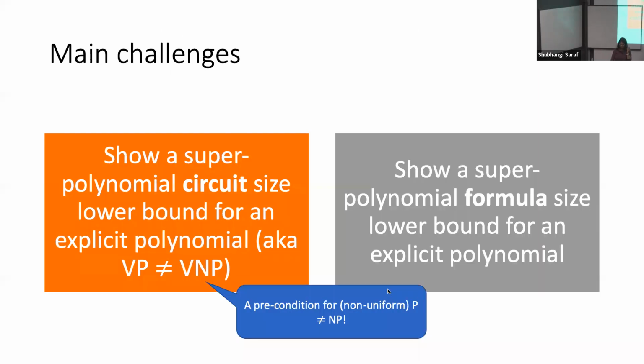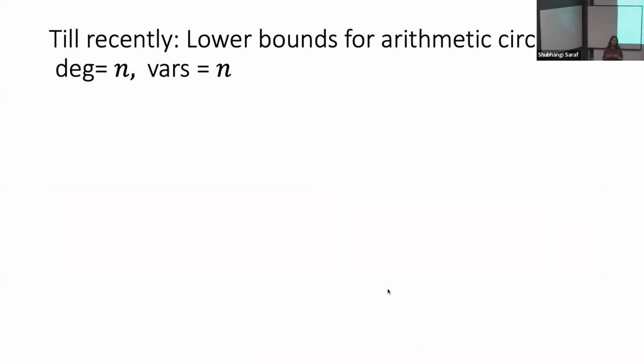So these are the big questions. Let me tell you what progress has been made over the last few decades towards this goal. Just to be able to compare results, let's imagine that we're talking about degree n polynomials in about n variables.